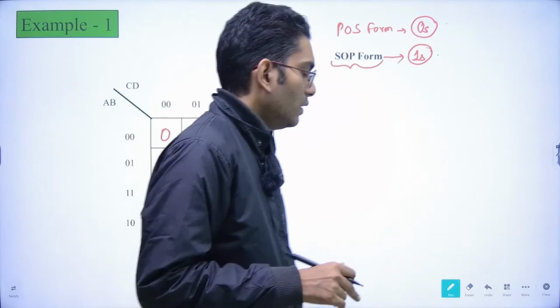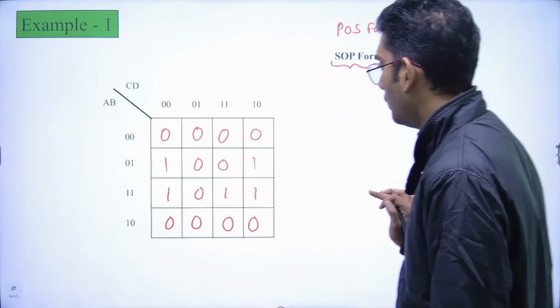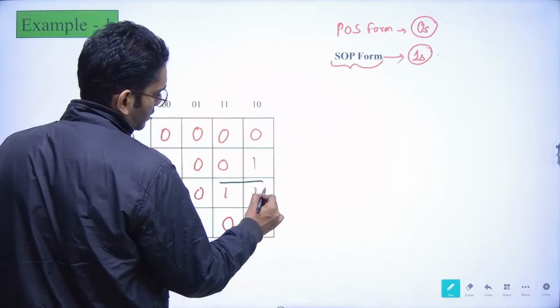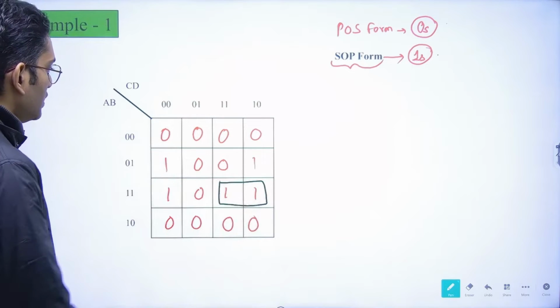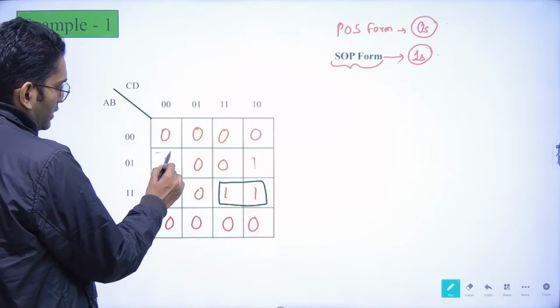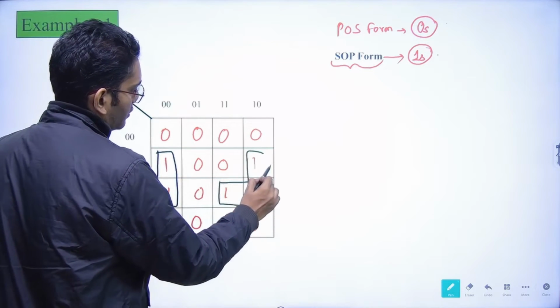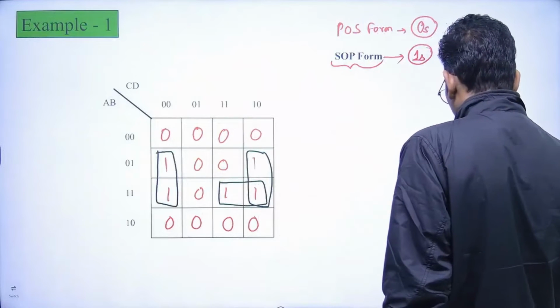Here, how many pairs can we form? One pair is this. If you notice, this is also one pair, and this is also one pair. So you would say there are three pairs.